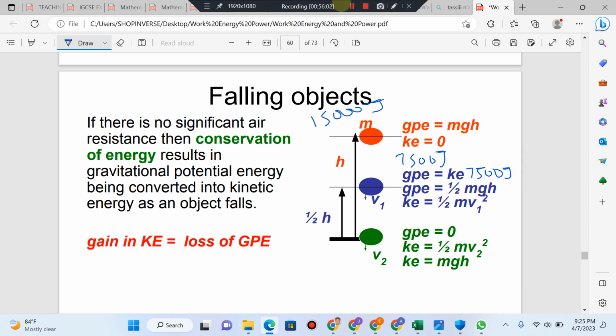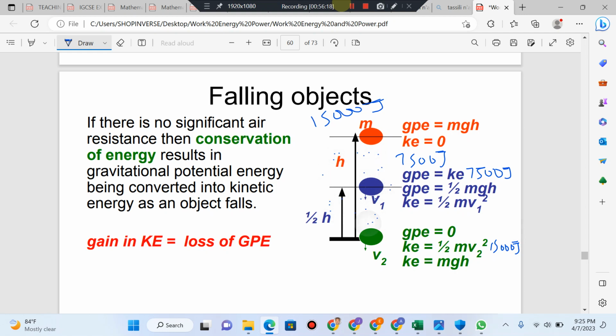And when it's about to land, its kinetic energy would be 15,000 joules, with the assumption that all its gravitational potential energy is converted to kinetic energy.